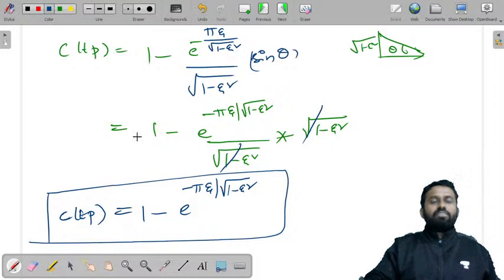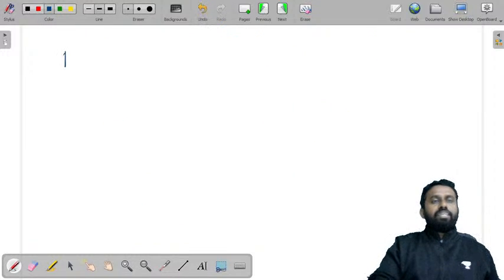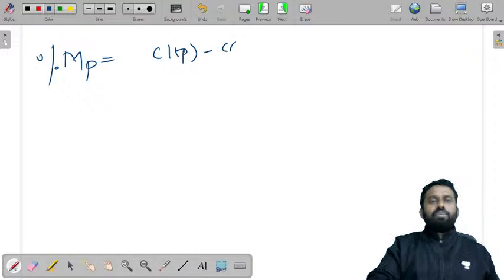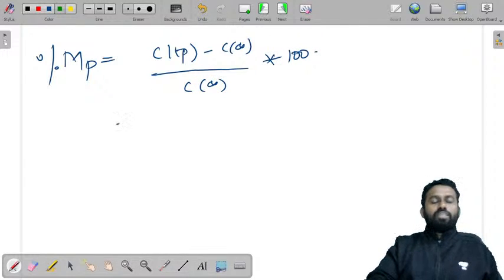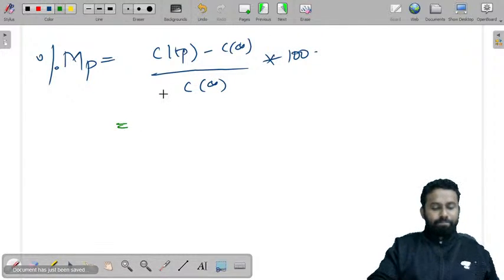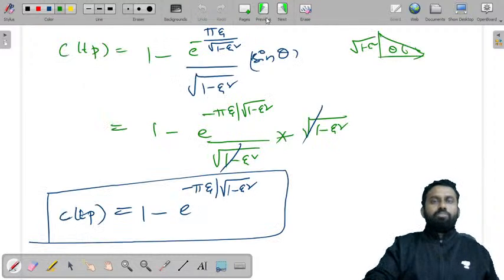Now we can find percentage MP. Percentage MP is equal to C of Tp minus C of infinity by C of infinity into 100. So what is C of Tp? C of Tp, just now we have found.